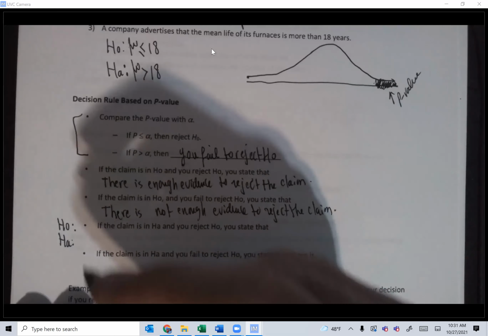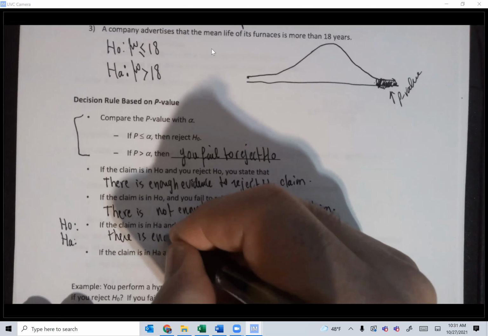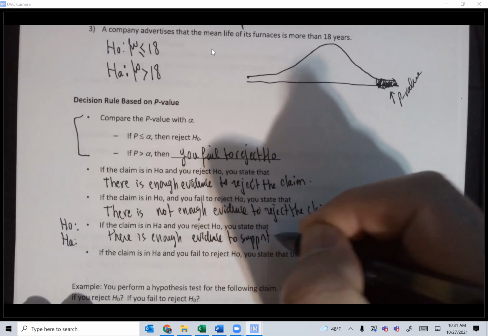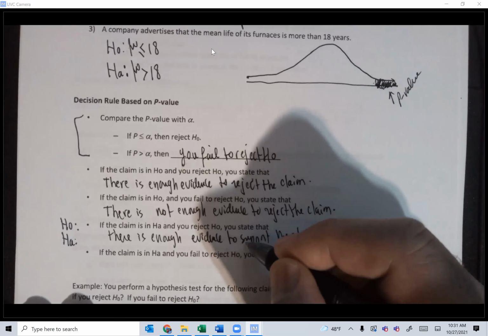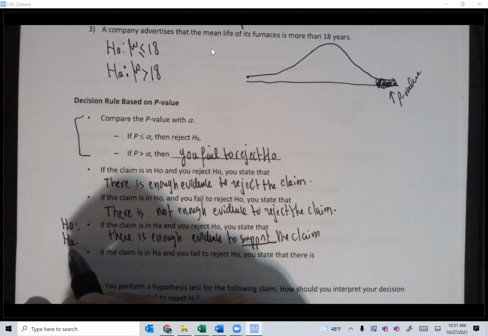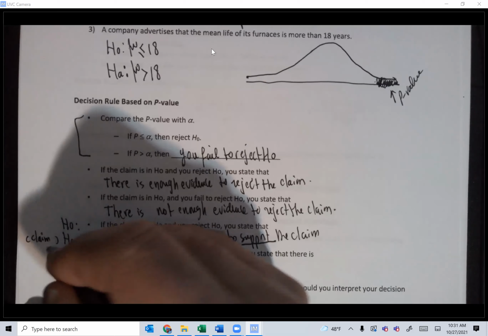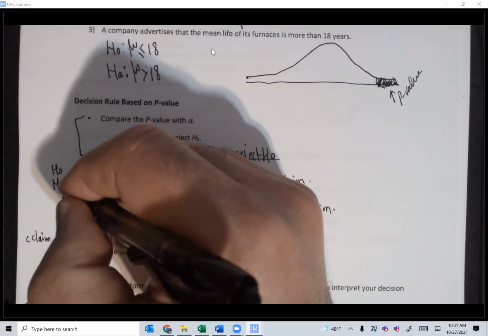You say there is enough evidence to support the claim. So we use the language of support when the claim happens to be in HA. Here we use either reject or not reject when the claim happened to be in H0.